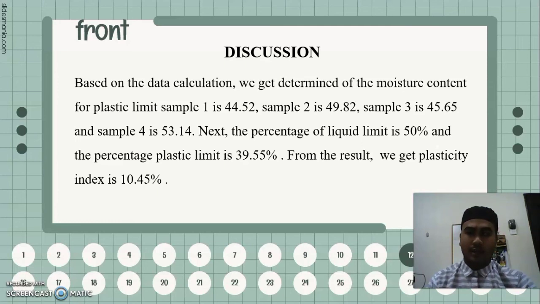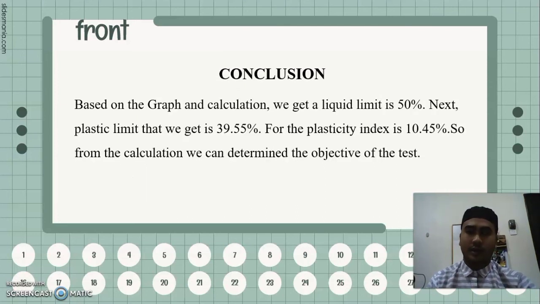Next, the percentage of liquid limit is 50% and the percentage of plastic limit is 39.55%. From the result, we get the plasticity index is 10.45%.